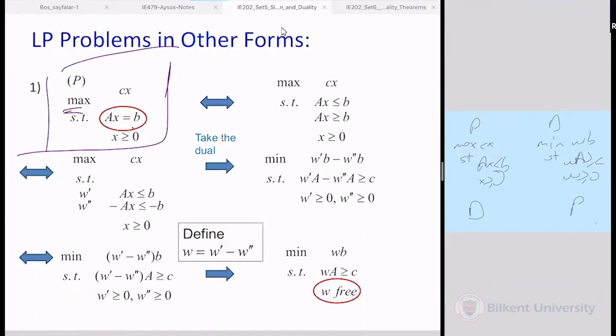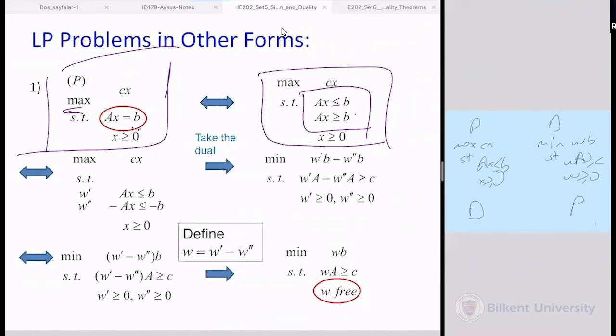Now, equality. These are the tricks we have also used when converting to standard forms. Equality means this: Ax should be less than or equal to b, and Ax should be greater than or equal to b. So this problem equals maximizing Cx subject to Ax less than or equal to b, and Ax greater than or equal to b.